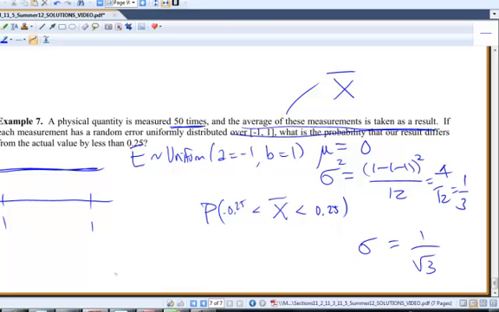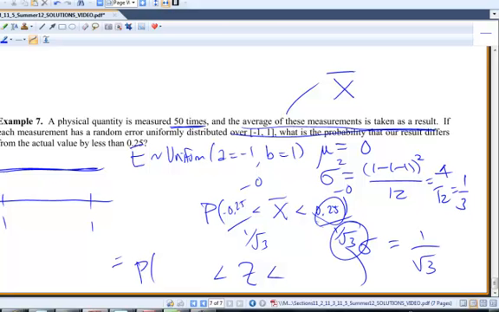So I'm just going to standardize again. This is minus 0 divided by 1 over the square root of 3. So this is the probability that z is in between these two values, whatever 0.25 divided by 1 over the square root of 3 is, and then I would use the z table again.